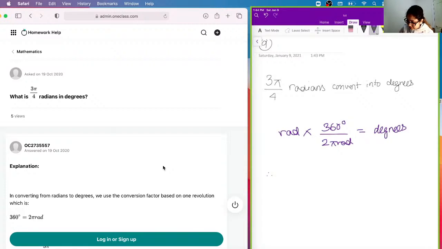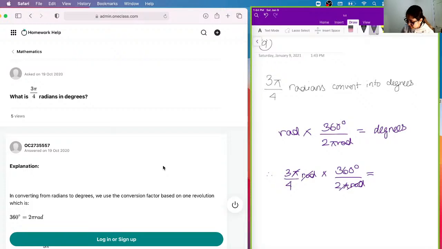Therefore we can say that 3 pi over 4 radians times 360 degrees over 2 pi radians is equal to, so you can cancel out the radians and the pi.